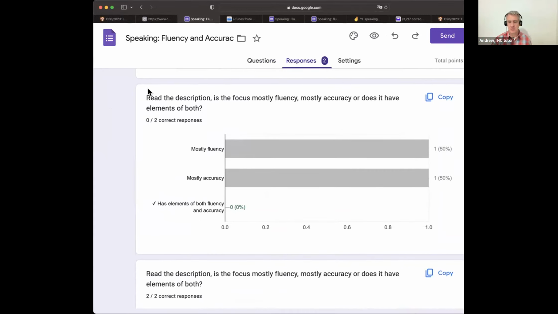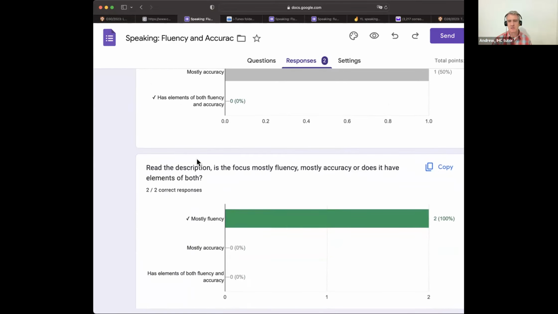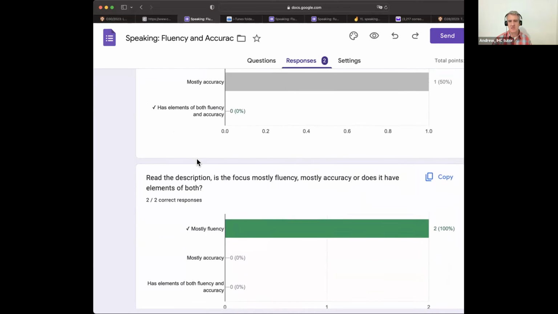For example, you get two students trying to arrange a time when they can meet, looking at each other's calendars. You could specify that they're going to use the present continuous tense to talk about future arrangements. So that would help with accuracy. But normally, yes, it would be fluency, but does have elements of both.